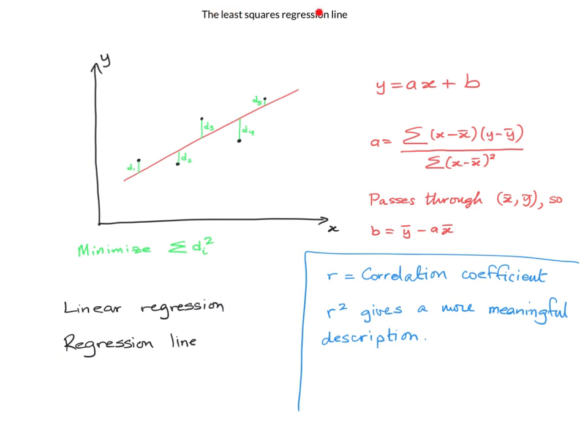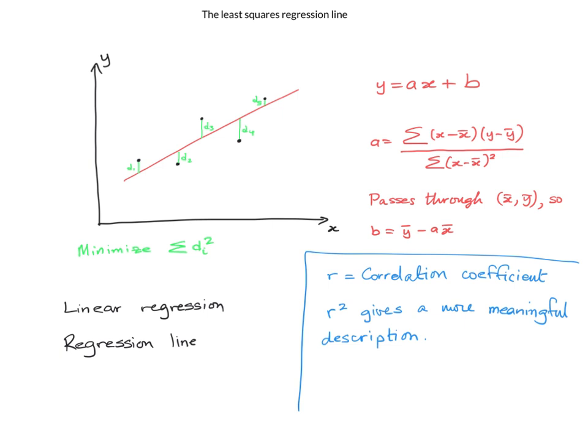Now, this least squares regression line, which is the one I just described, where it finds the vertical deviations from the candidate line, squares all of them, adds them up, and tries to minimize that sum, is called the least squares regression line, which is also often referred to as linear regression or just the regression line. This is the standard way of finding the best fit line or the linear regression.